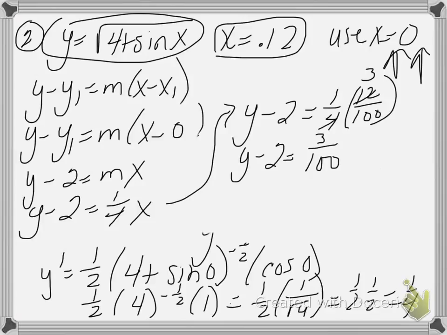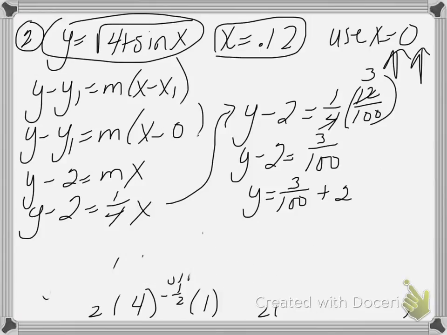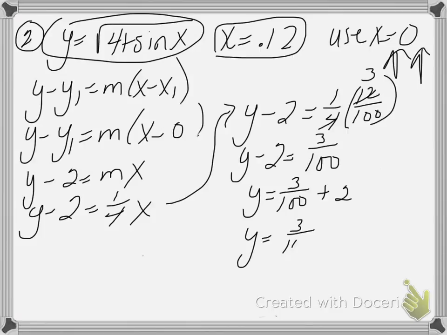And then we're going to add 2 to both sides. Okay, so I can rewrite the 2 with a common denominator of 100. And I'm going to get 203 over 100.